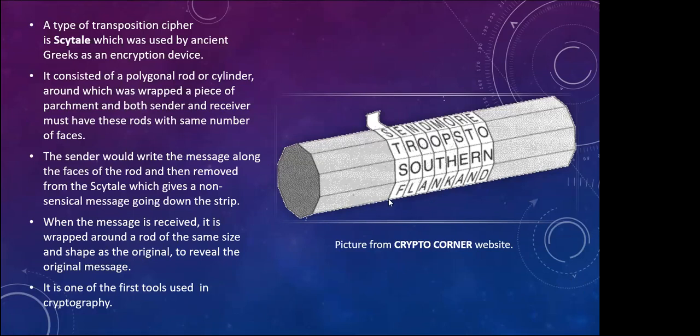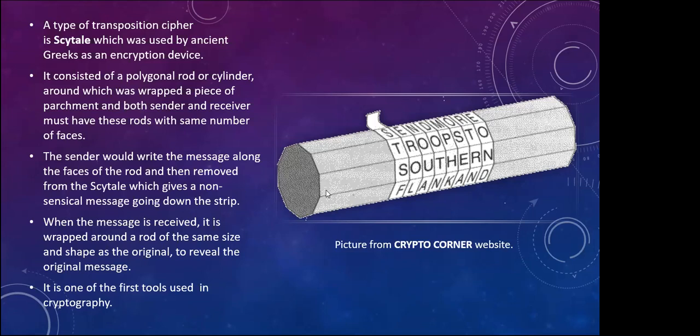So this device is a good example of a transposition cipher, since the letters on this strip are just a jumbling of the words, written on the strip of paper in such a way that after wrapping it around this rod, it makes sense as the message.